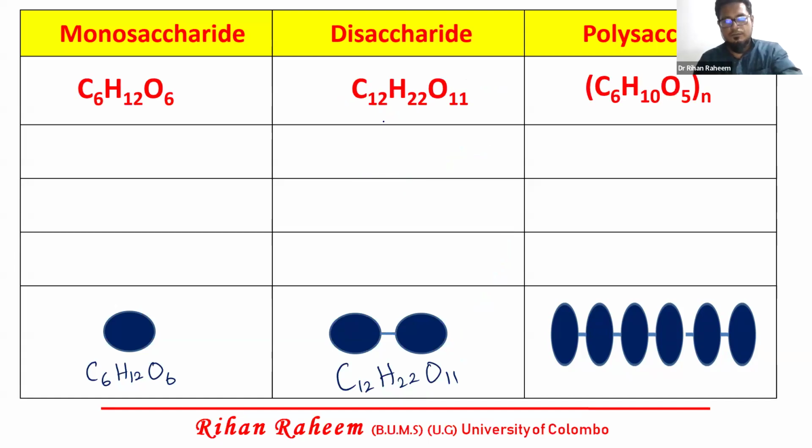Okay, these are the common general formulas. How did that formula come? Monosaccharide is C6H12O6. Then how did disaccharide become C12H22O11?